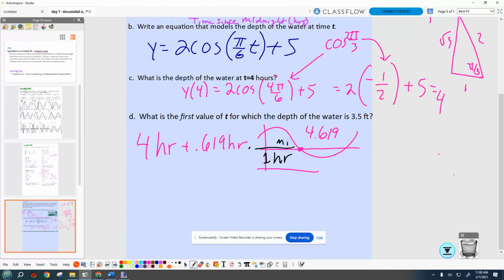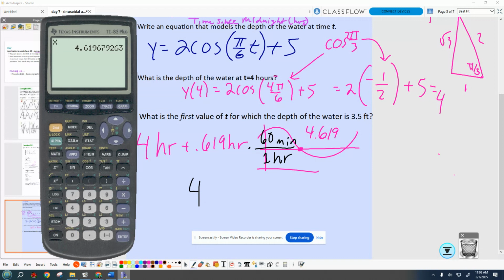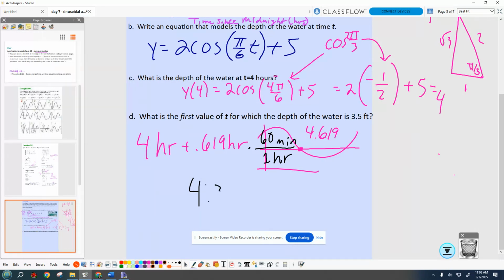Minutes. How many minutes in an hour? So 4 hours and then 0.619 times 60. And I get that, at about 4:37 a.m., the water's going to be below 3.5 feet.